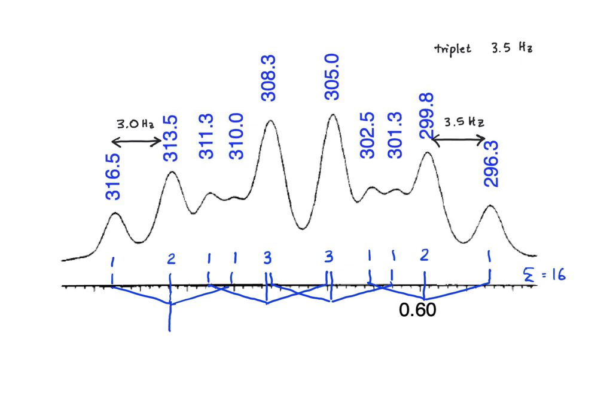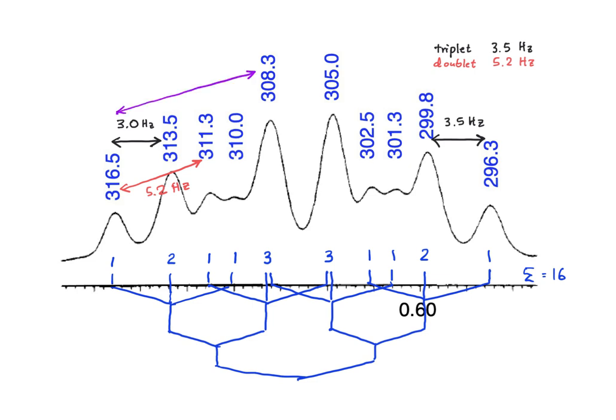Each of them is 1 to 1 to 1 to 1. Now we see a 5.2 hertz connection. And then we have a larger one that's at about 8.2 hertz. And that completes our analysis.